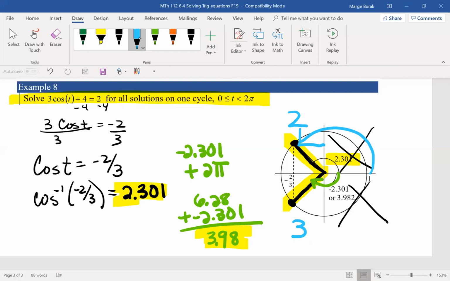And then we know that if we went negative 2.301, we would get the same angle. So if we just add 6.28 to negative 2.301, that will give us the correct angle between 0 and 2 pi. Okay, so that's going to end this video.